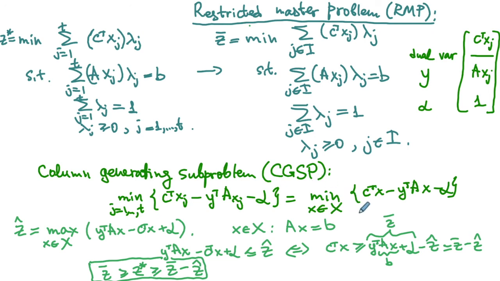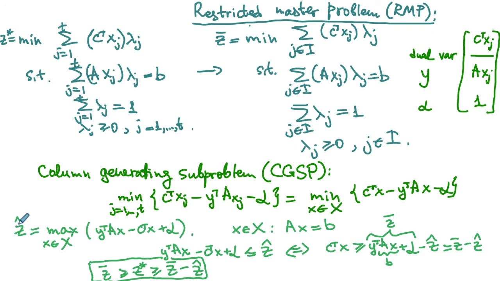If the optimal objective value for the column generating subproblem is less than 0, then we obtain an entering column for our restricted master problem. Otherwise, if it is greater than or equal to 0, then we conclude that the current optimal solution to the restricted master problem is also optimal to our master problem and as a result to the original problem.